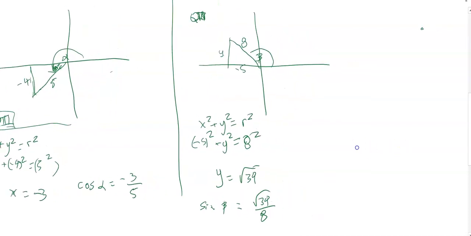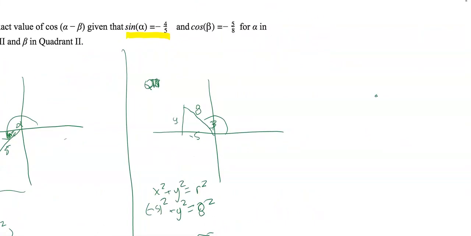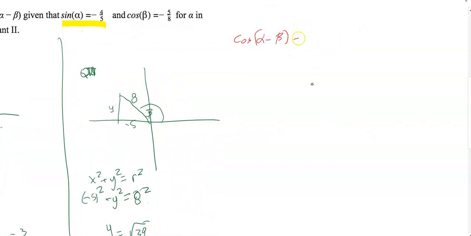We want to use all these to find the cosine of alpha minus beta. We know from the formula we learned earlier that the cosine of alpha minus beta is equal to cosine alpha cosine beta plus sine alpha sine beta.